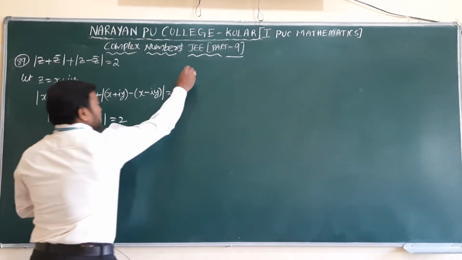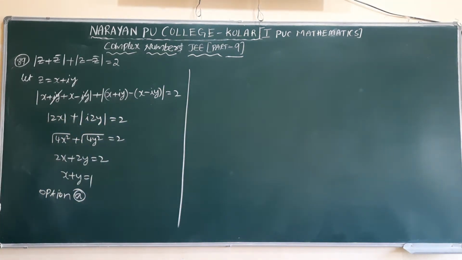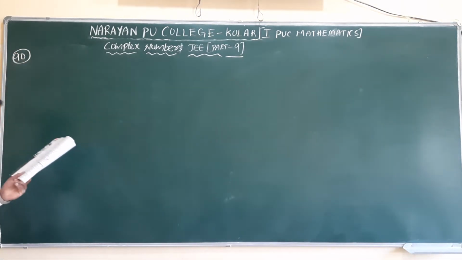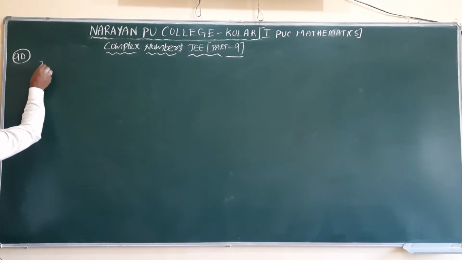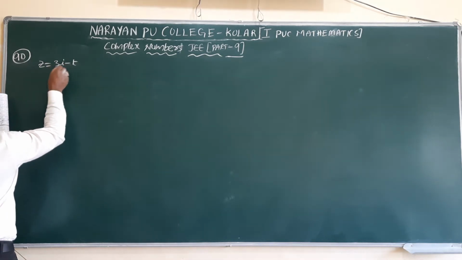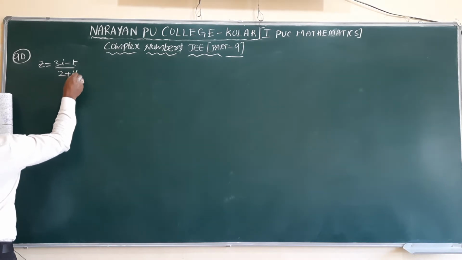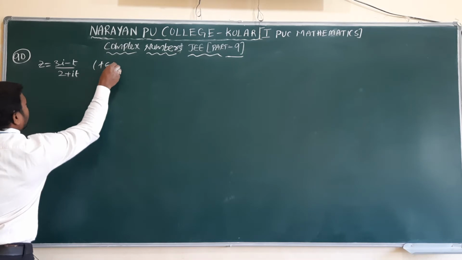This question number 90. The center of circle, so the center of circle z is equal to 3i minus t divided by 2 plus it, but t belongs to real number.